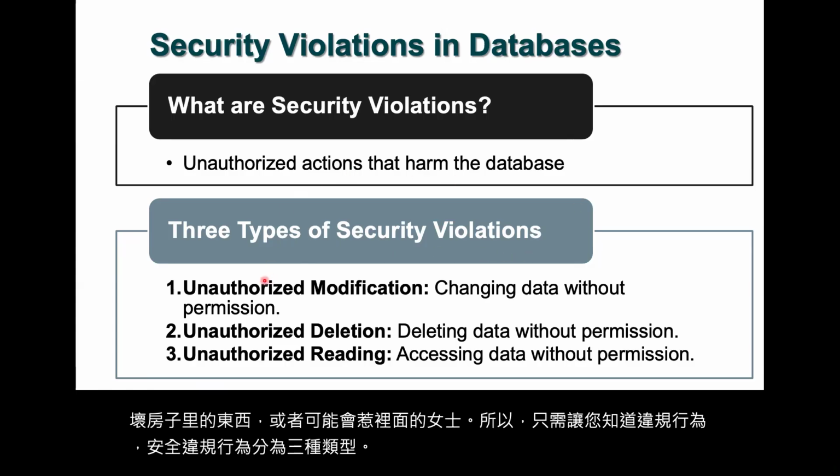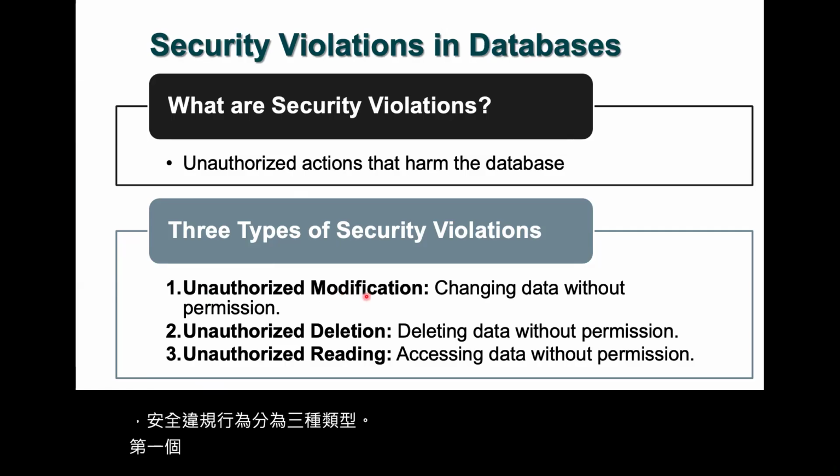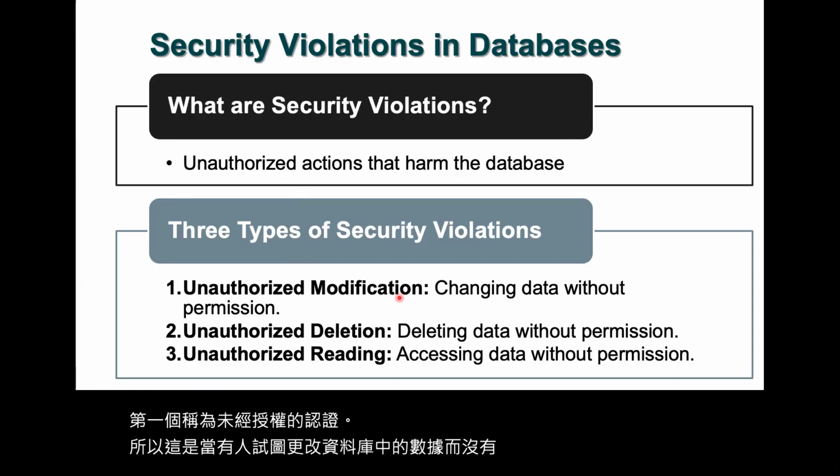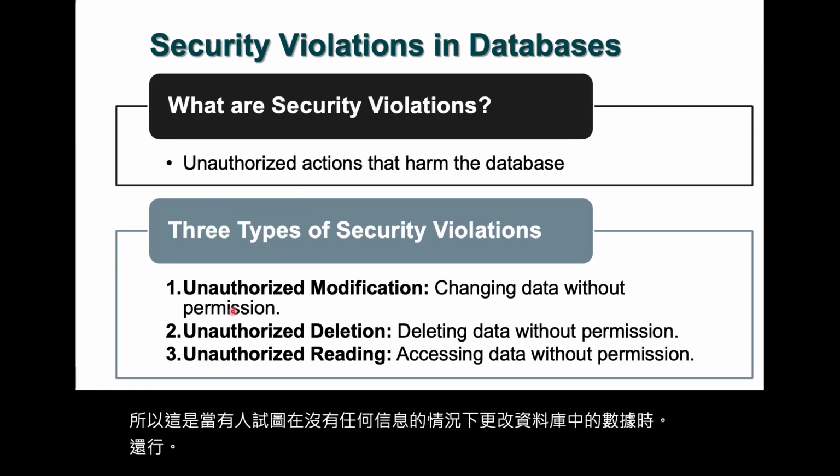The first one is called unauthorized modification. So this is when someone tries to change data inside the database without any permission. Okay. And then the next one is unauthorized deletion. So it's like someone trying to delete the data from the database without permission.